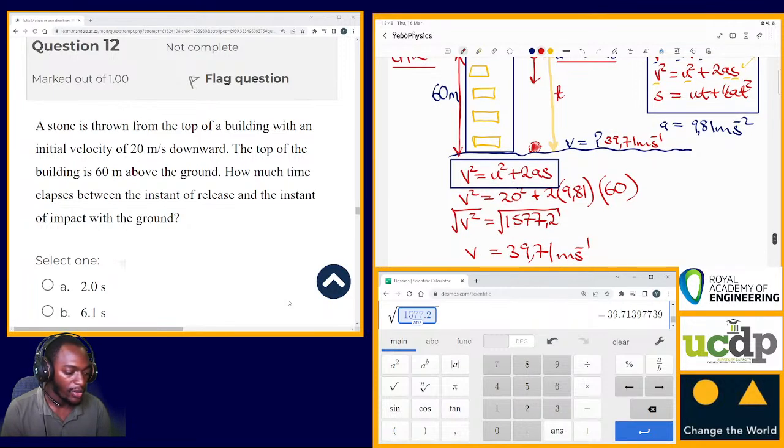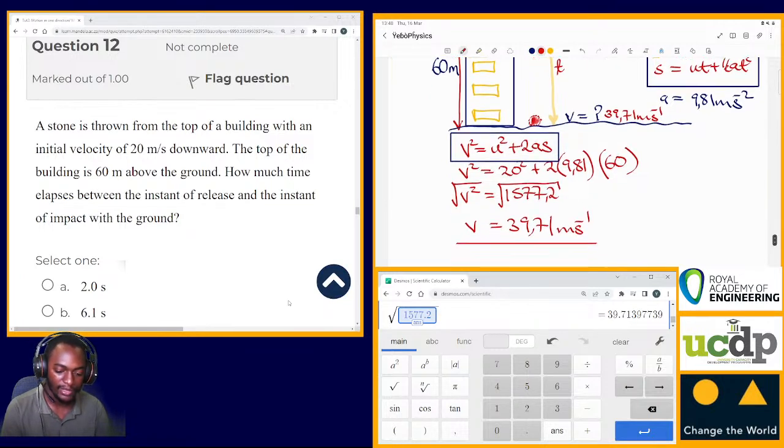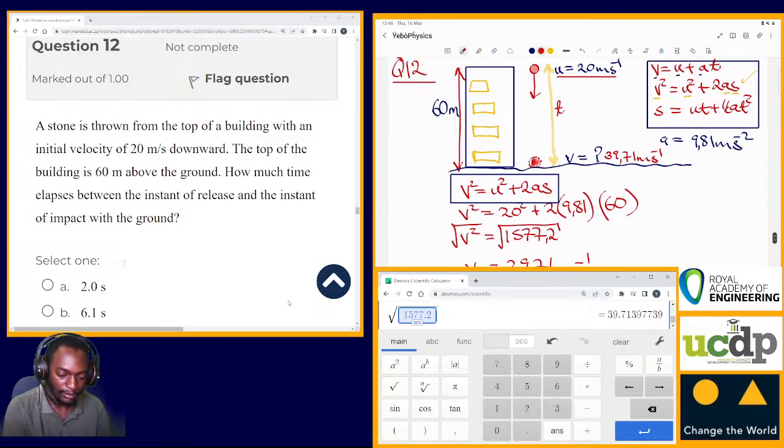So yes, we can now use the first equation. What is the first equation? V is equal to U plus AT.